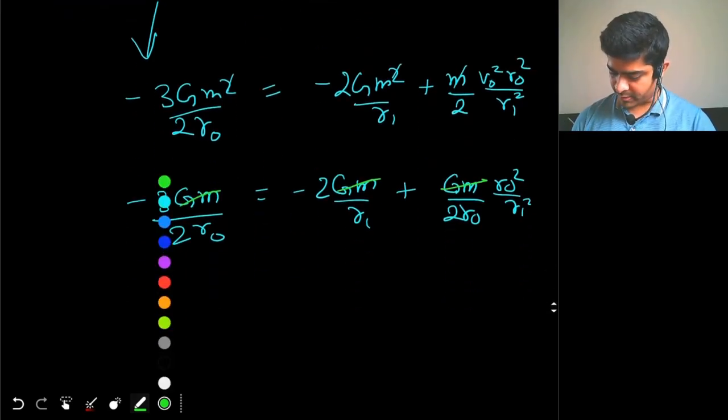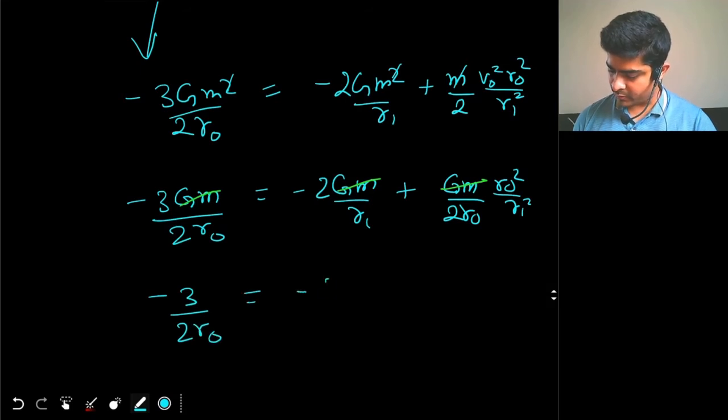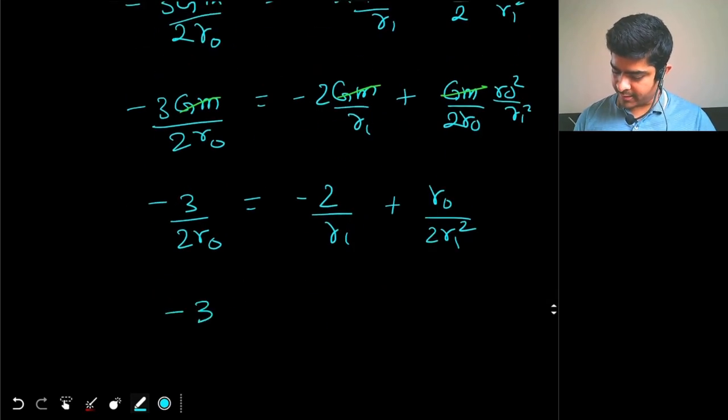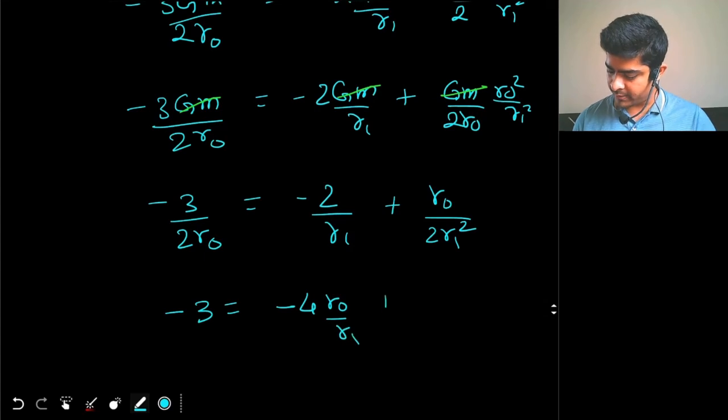We rearrange this equation again. Minus 3 by 2r naught equals minus 2 by r1 plus r naught by 2r1². Or I can also get minus 3 equals minus 4 r naught by r1 plus r naught² by r1², as the 2 will cancel out.